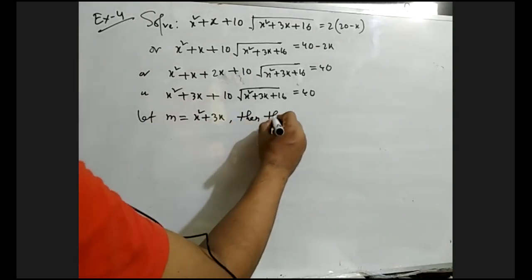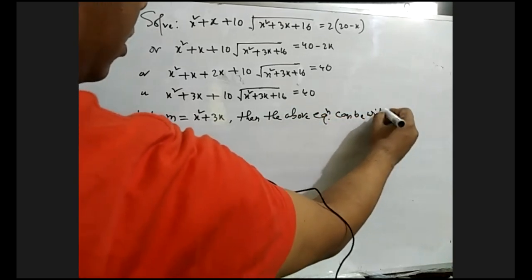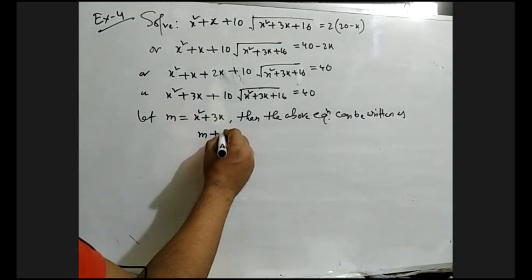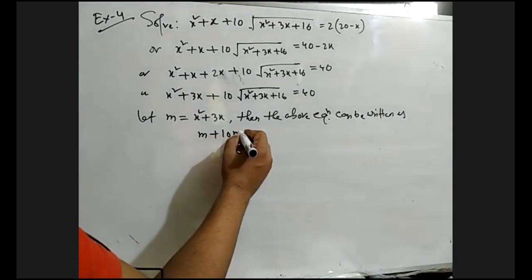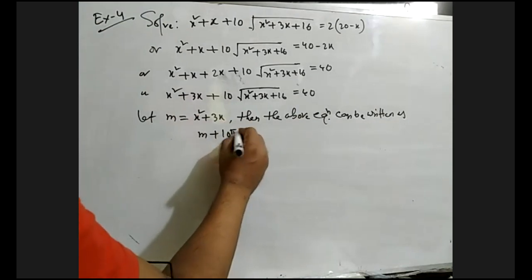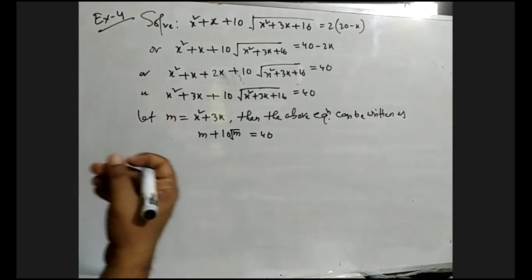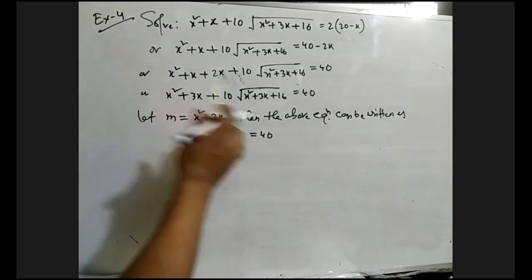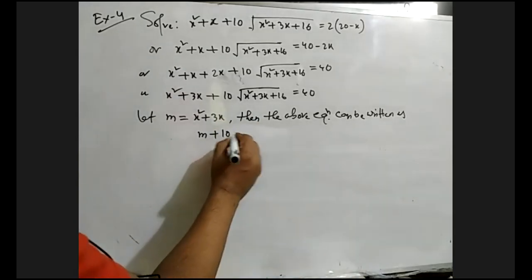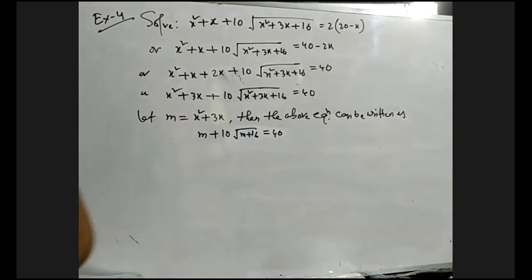Then the above equation can be written in a simpler form like this: m plus 10 root over m plus 16 equals 40. I am writing wrong, this will be m plus 16 under the root.